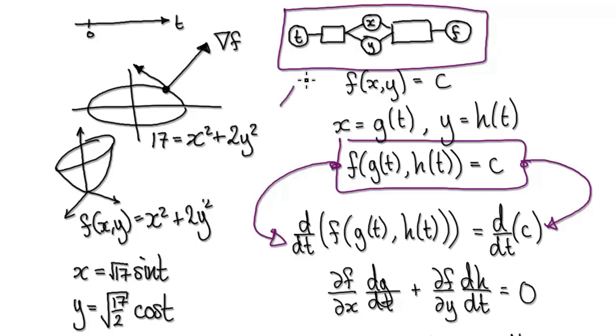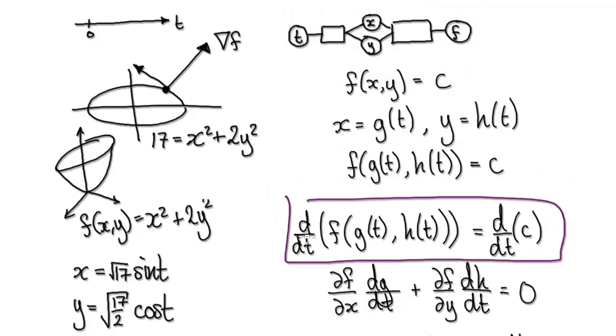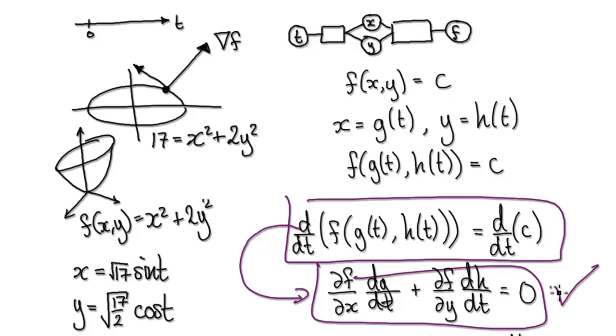If you get given this situation and differentiate it with respect to t, then you take the partial derivative with respect to x times dg by dt, and take the partial derivative with respect to y times dh by dt. So we are in effect using the chain rule. I'm expecting you to know this because we've done it before.